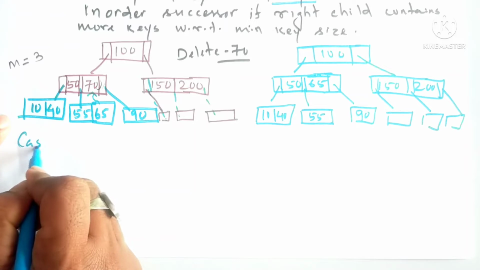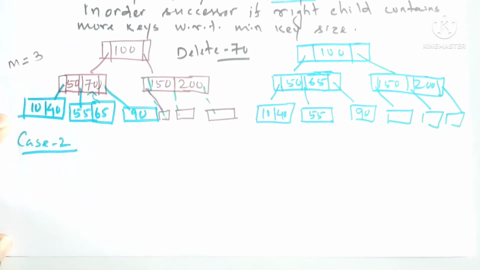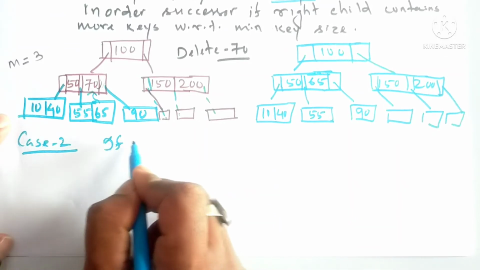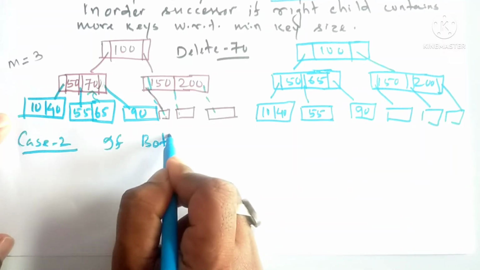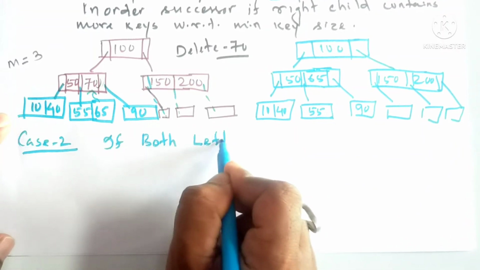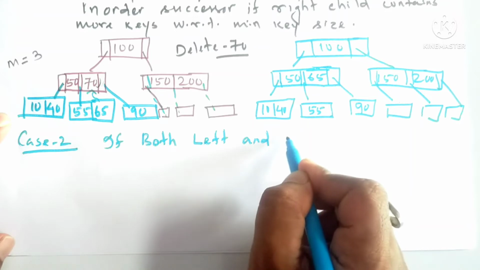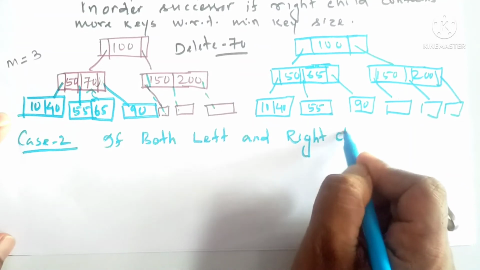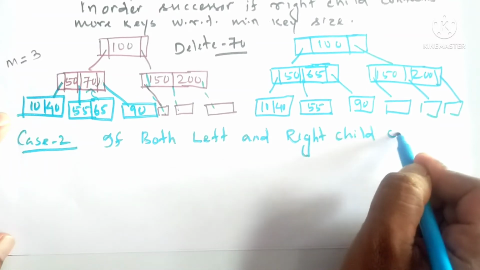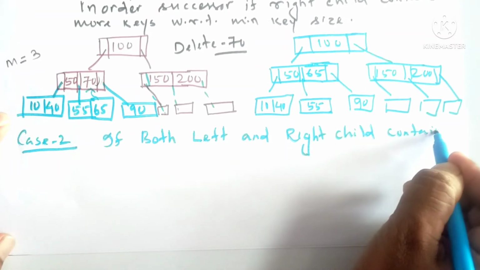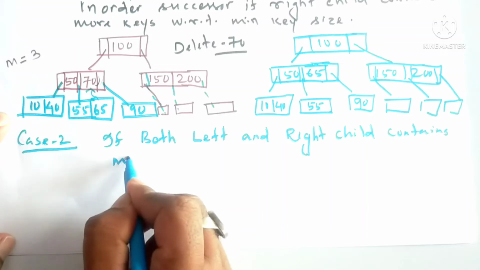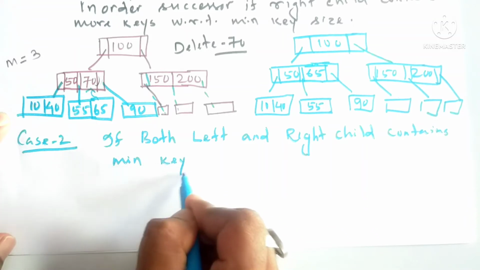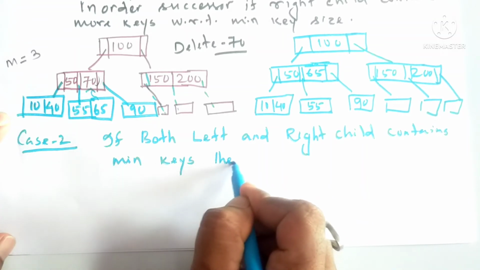So case 2 is that if both left and right child contain the minimum keys, then what should you do?